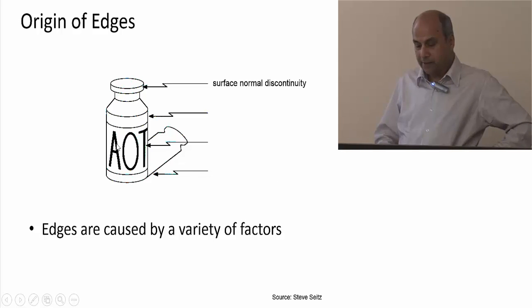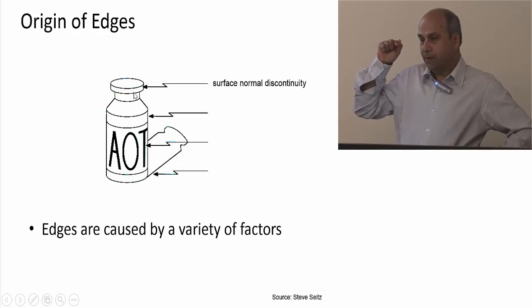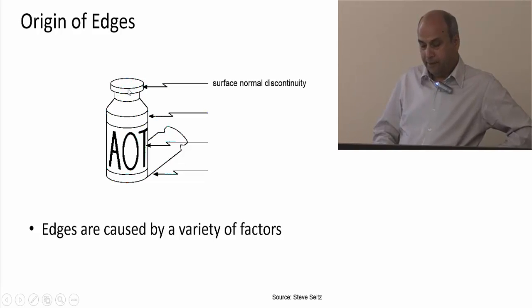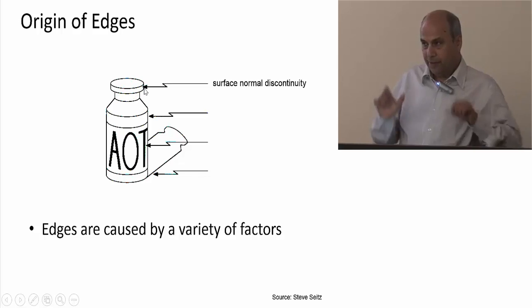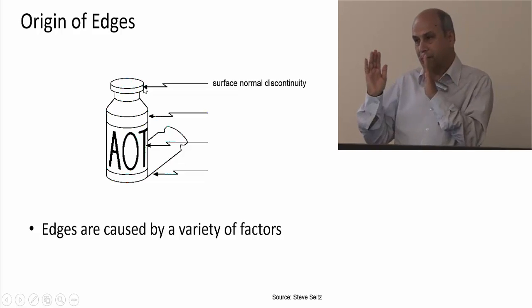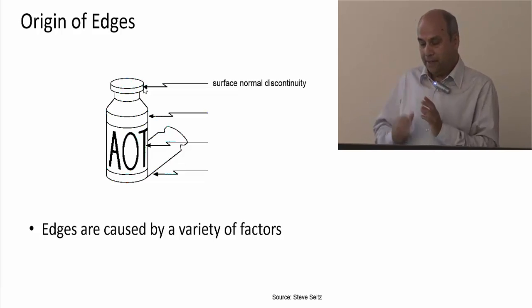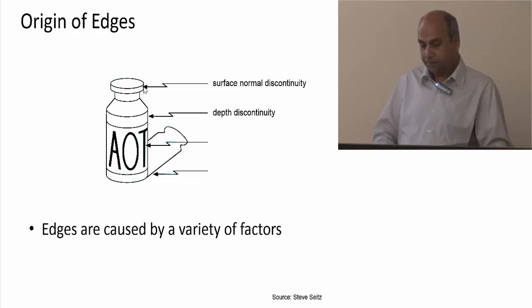If you look at this bottle, the normal to the surface in this part is facing out of the page, and here the surface normal is a little different because it's facing the other way. These are the places where surface orientation changes discontinuously, and these are one source of edges.